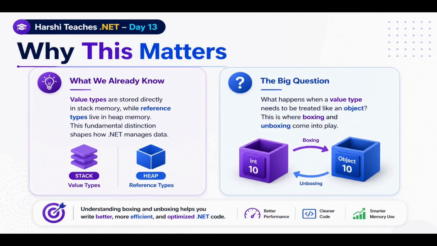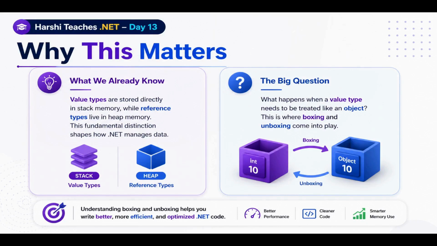Now, before we go deeper into boxing and unboxing, let's quickly connect this with what we already know. We have already seen that value types are stored in the stack and reference types are stored in the heap. So normally things are very clear and simple. But in real applications, sometimes this boundary doesn't stay the same. A value type which usually stays in stack can actually be treated like an object.